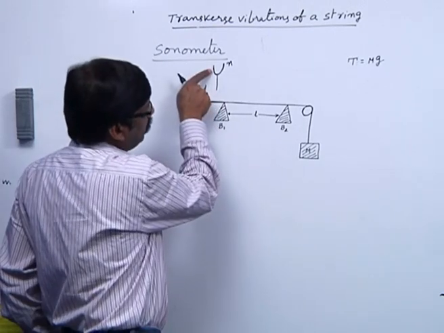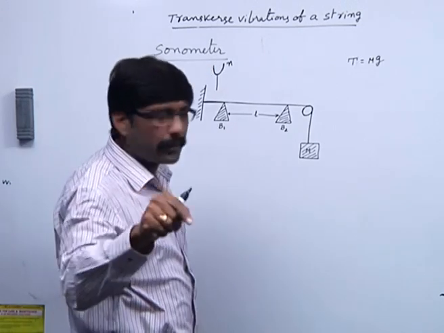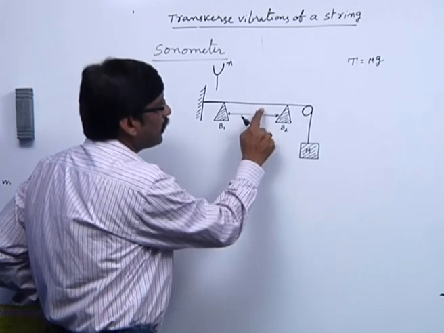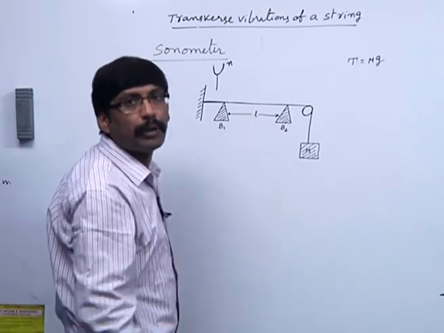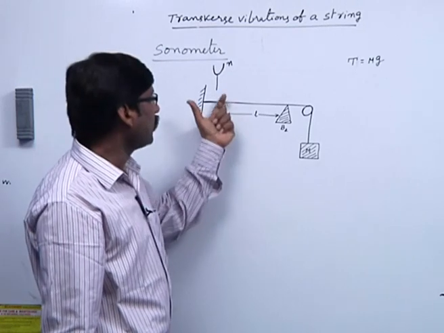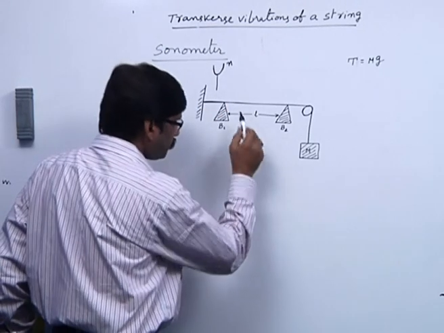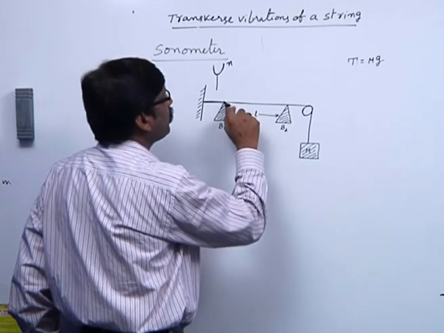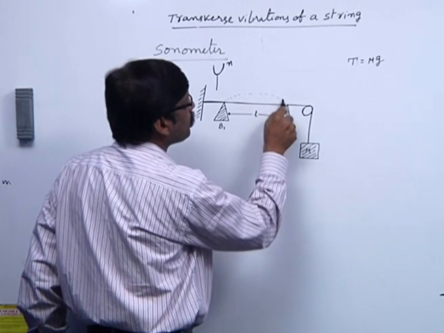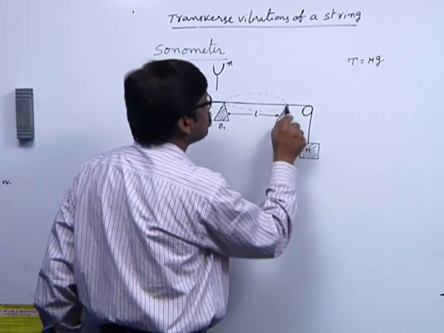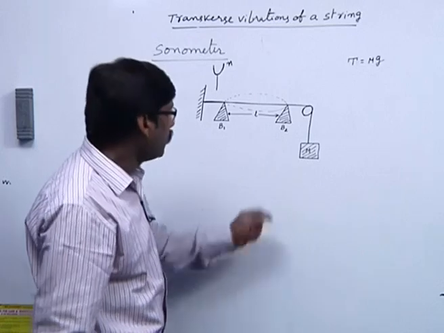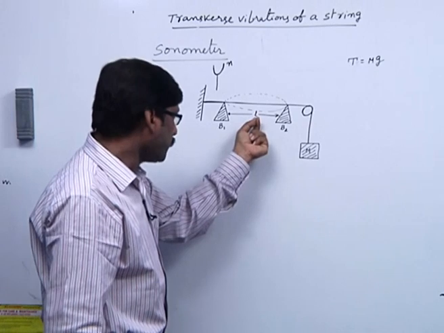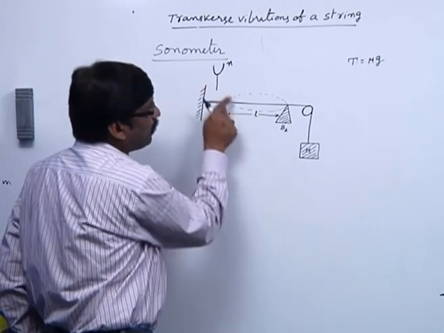When the frequency of the applied periodic force is equal to the natural frequency of the string, the string vibrates with maximum amplitude. Now, by varying B2, I can vary L. At a particular length, both the frequencies are the same.